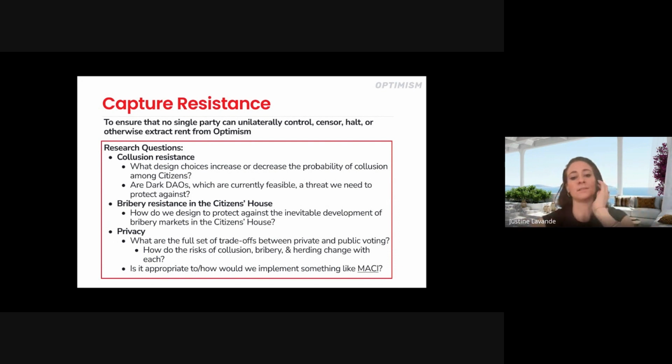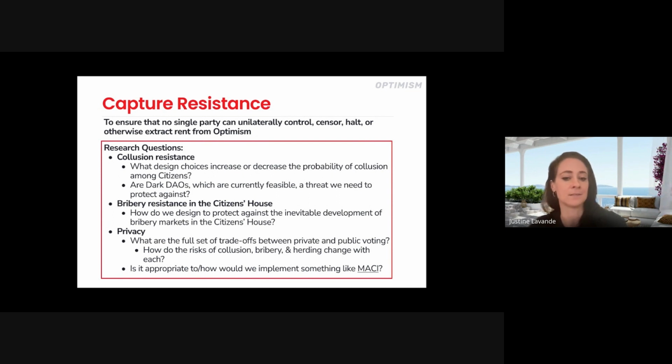Yeah, and then things like how do we understand the full set of trade-offs between private and public voting? Most DAO voting is public, and one of the primary differences in a DAO structure versus any other structure is the level of transparency. Retro PGF voting has been private to date, primarily to allow badge holders or voters to express their true preferences and not have to worry about things like voter intimidation.